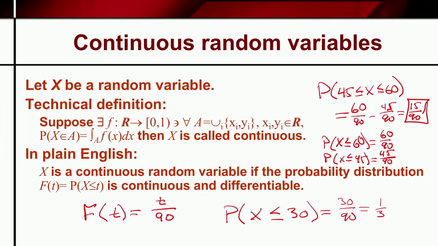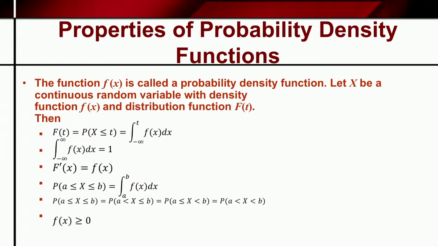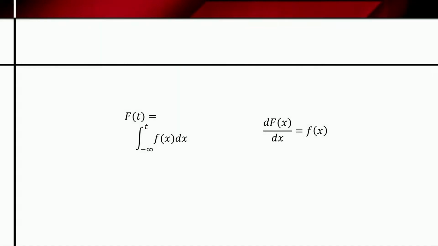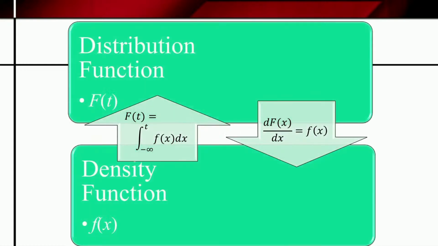Okay, so let's see. We've got this. Very nice. So probability density functions have, oh, before we do this, let's do this. The distribution function, capital F of t, is the probability that you are less than or equal to t.